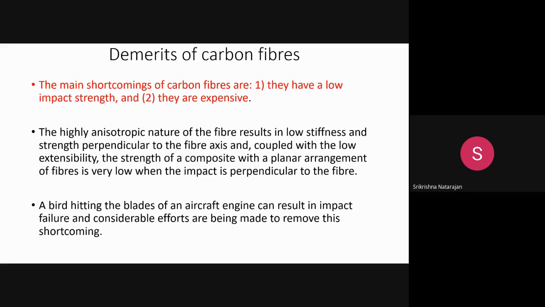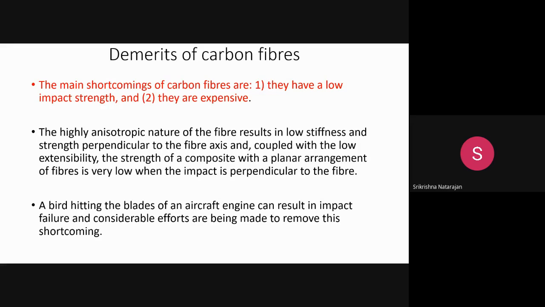If you see the demerits of the carbon fiber, there are some demerits also. One is that it has a low impact strength. Okay, why is there a low impact strength? Because the properties in the in-plane and across the plane direction are both different.